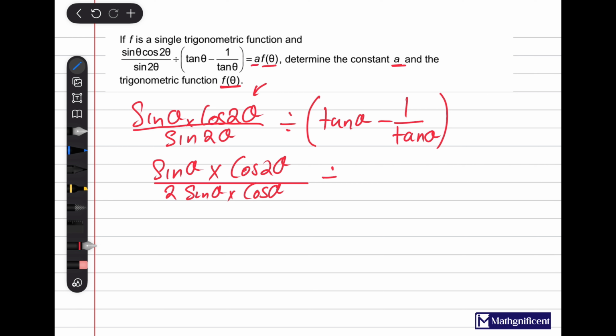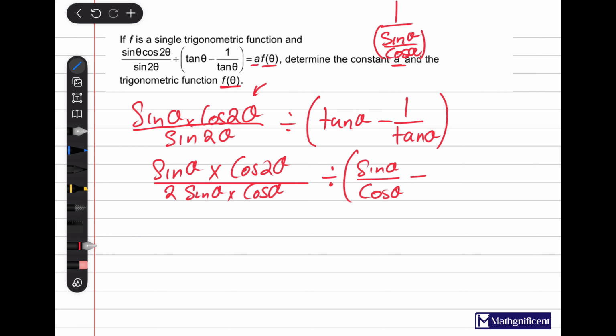Then we still have divided by here. Then we have this tan theta. So tan theta is the same as sine theta over cos theta, minus. Then there's 1 over tan theta. We know that 1 over tan theta will result into 1 over sine theta over cos theta, but we are dividing by a fraction.